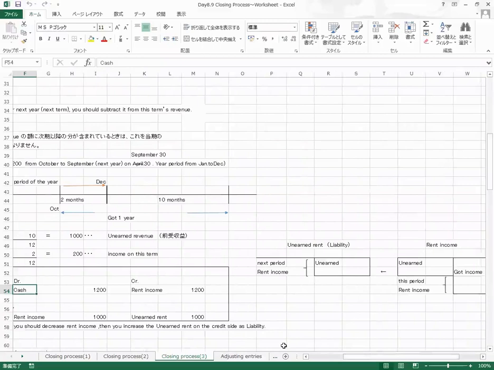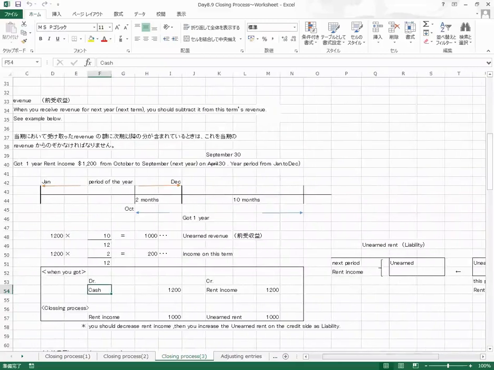So the point is that unearned revenue is on the credit side as liability. So that is a point, I think.